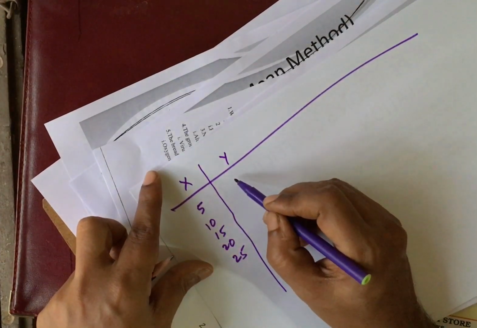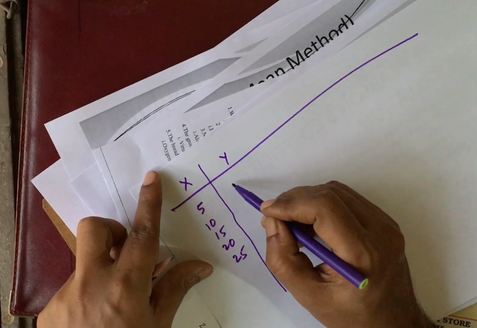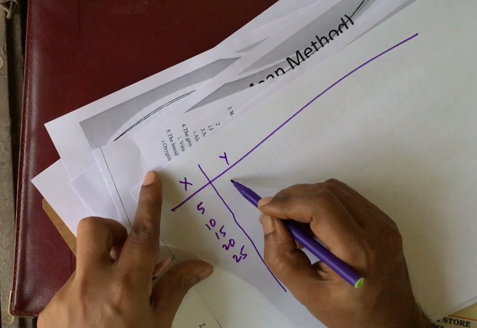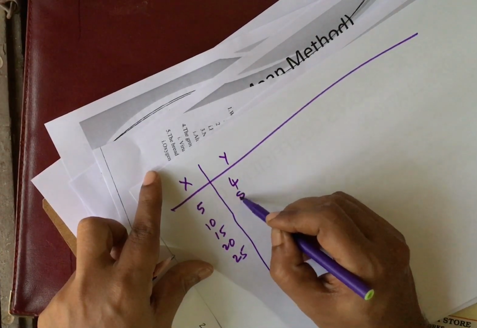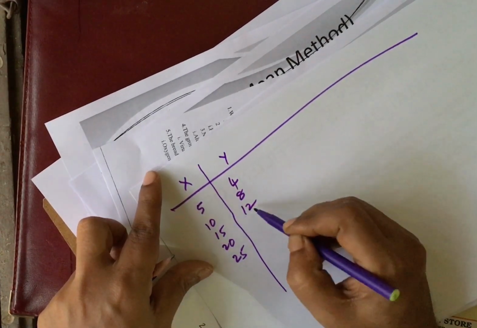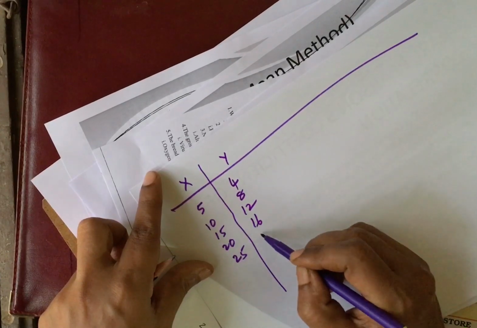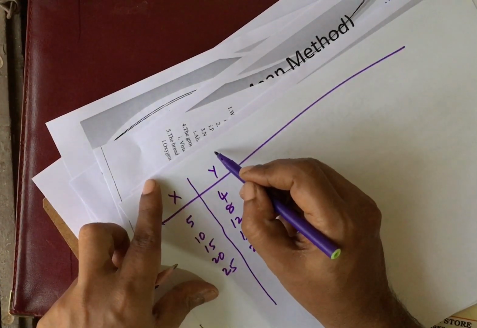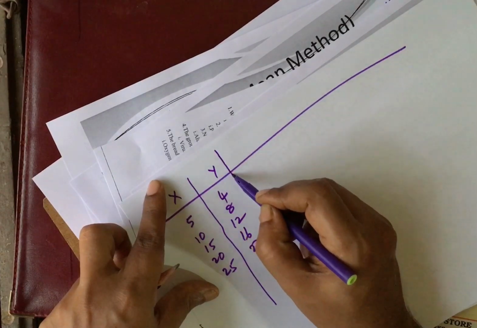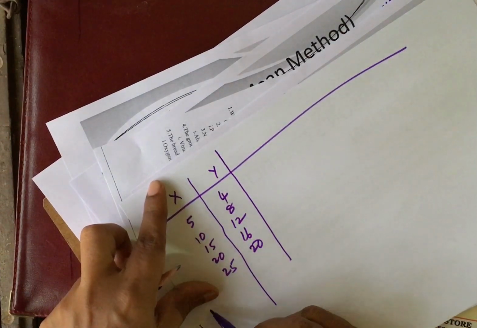Then here we can take the 3 table or 2 table or 4 table also, doesn't matter. 4 table: 4, 8, 12, 16, 20. Both are simultaneously increasing. So let us go for the direct method and see how it comes.